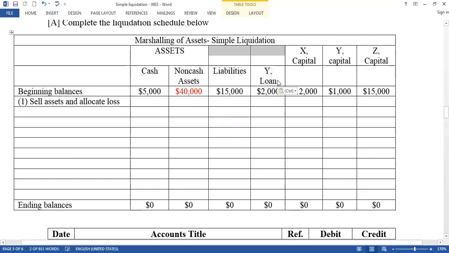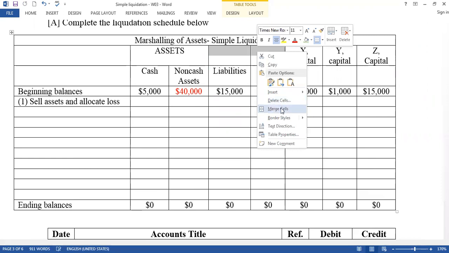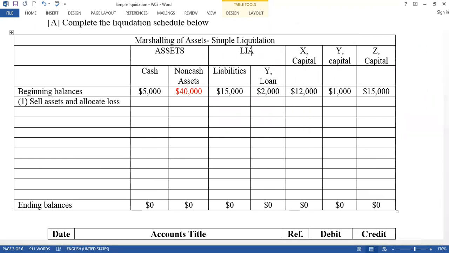Try to understand. One liability is the outsider creditors. Or I can make it short for you, accounts payable. For example, this liability is the accounts payable.